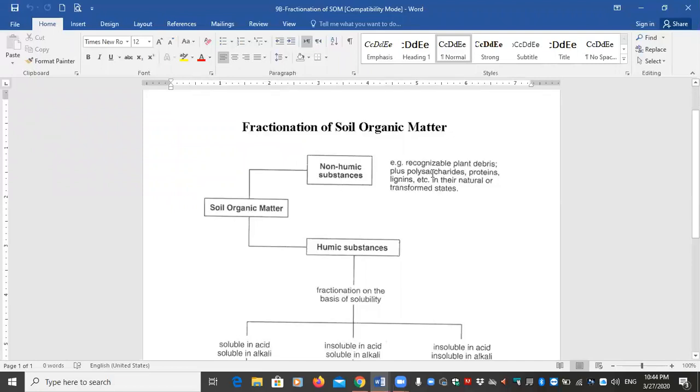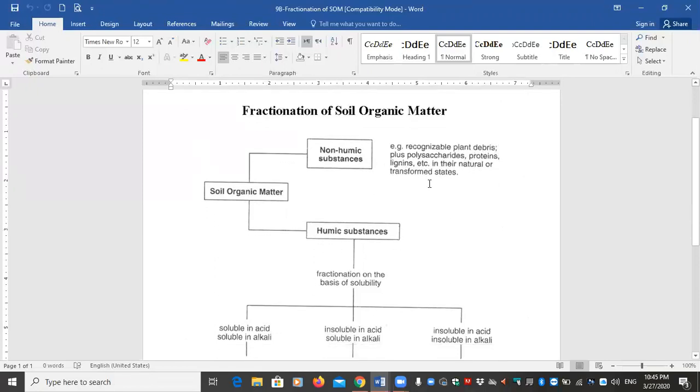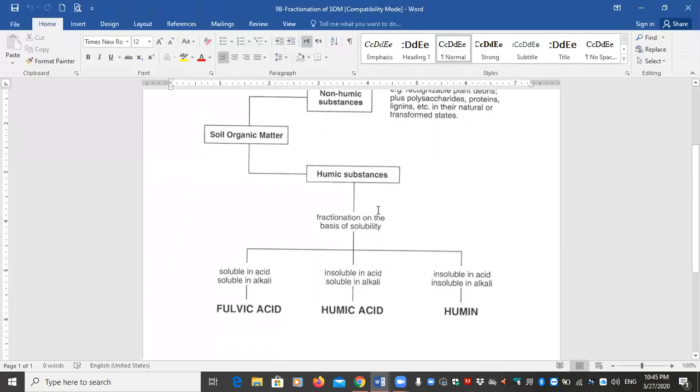These are the recognizable plant debris plus polysaccharides, proteins, lignins, etc. These are, we said, the known biochemistry compounds. They are the known types of organic compounds. And then the second part is the humic substances.